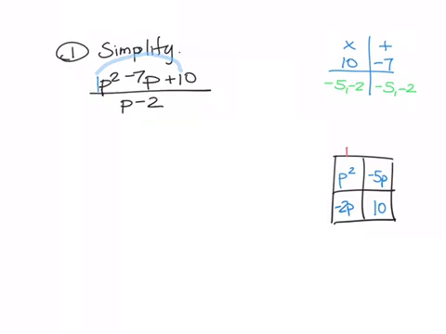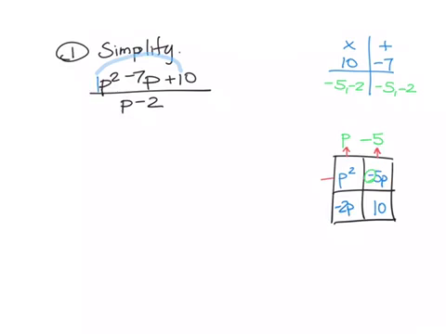So now we're going to look at each row and each column. So p squared and -2p, they have a common p. -5p and 10, they have a common 5. And then remember, because this, where the arrow leaves, is negative, that means that that common factor becomes negative.